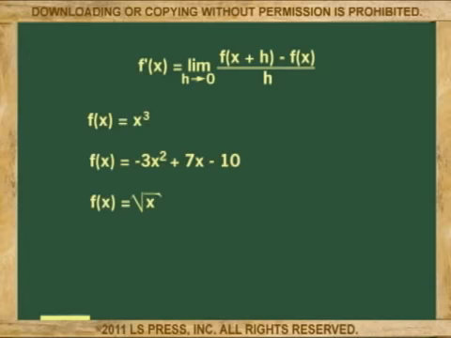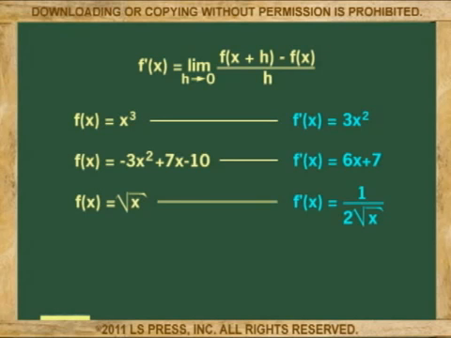Okay, so far in this and the previous lesson, we have found the derivative of the function of x equals x cubed. Also, the function of x equals negative 3x squared plus 7x minus 10. And finally, the function of x equals the square root of x.